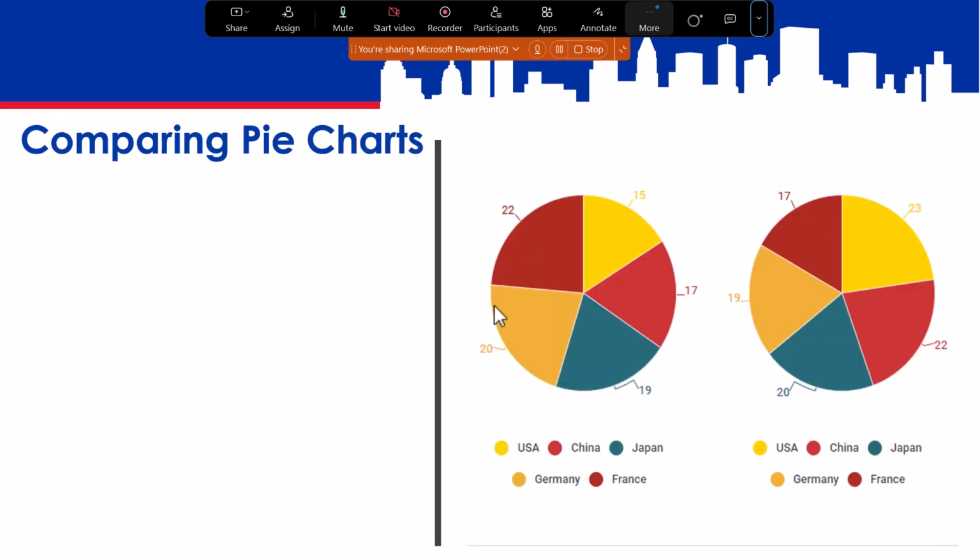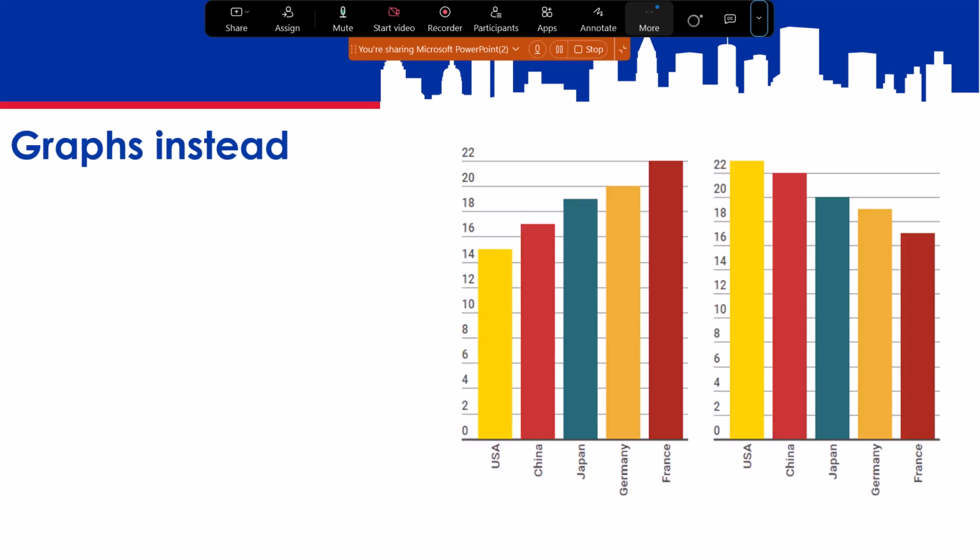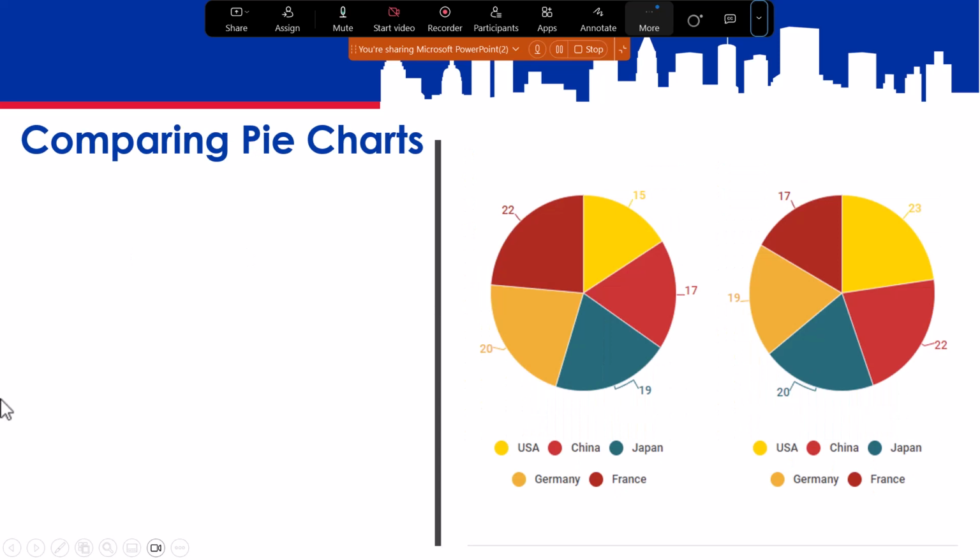And the last one, what you see here is not something you really see that often: the comparison of two pie charts. It's not visually appealing. You can't really compare and contrast as easily. So the US, whatever category this is, is 15, and over here is 23.